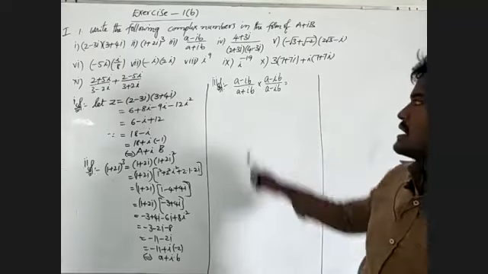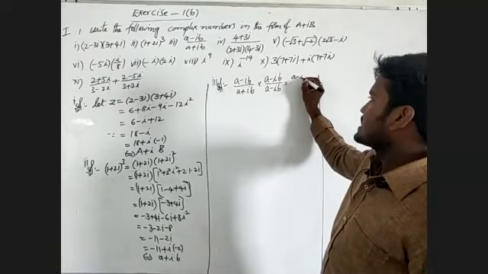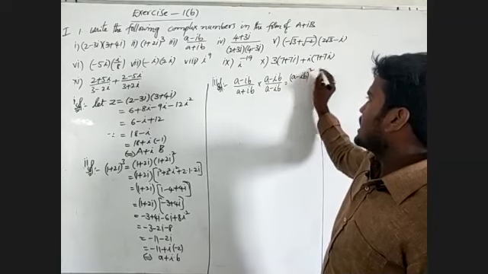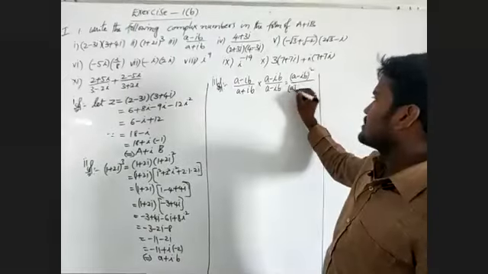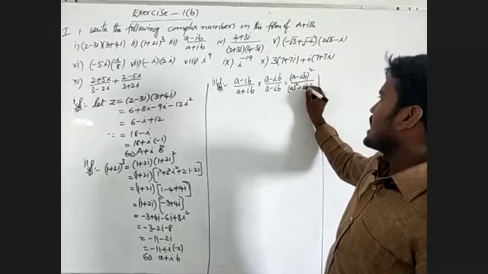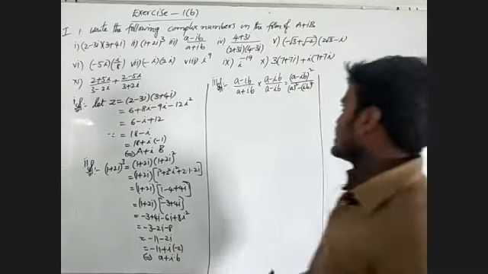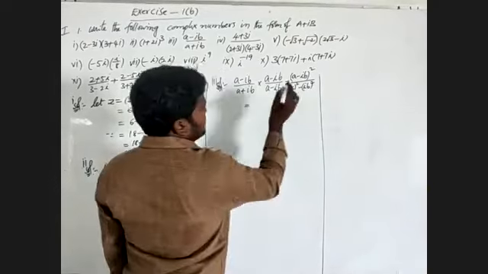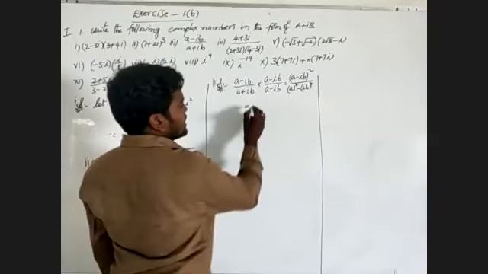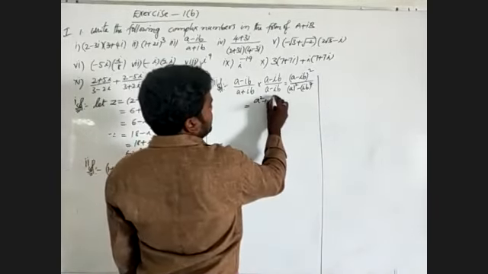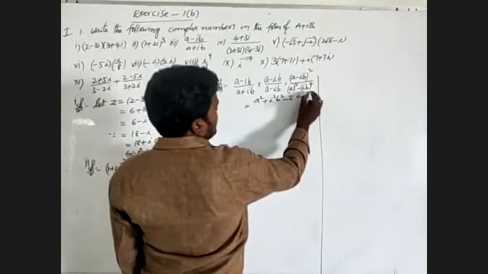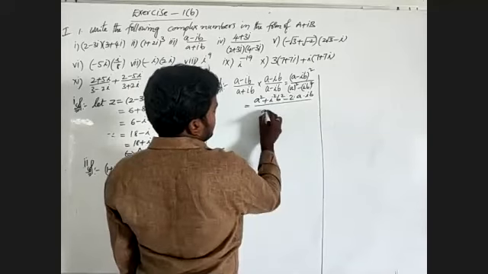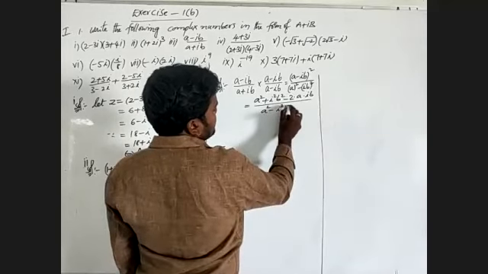The numerator is a minus ib whole square, and the denominator, of the form a plus b into a minus b, is a square minus ib whole square. Expanding the numerator: a square plus i square b square minus 2 into a into ib. The denominator is a square minus i square b square.